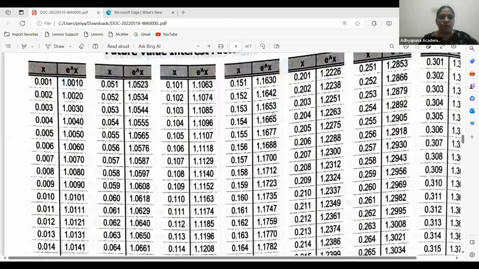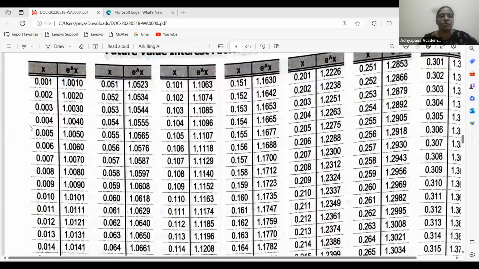Which table is this? This is area under normal curve. This is annuity factor. This is also annuity factor. This is future value. Yes. Screen share. This table will be shared to you in your WhatsApp group or in your drive or whatever.